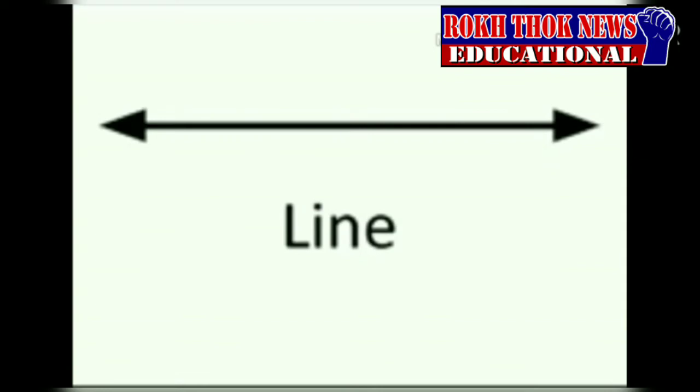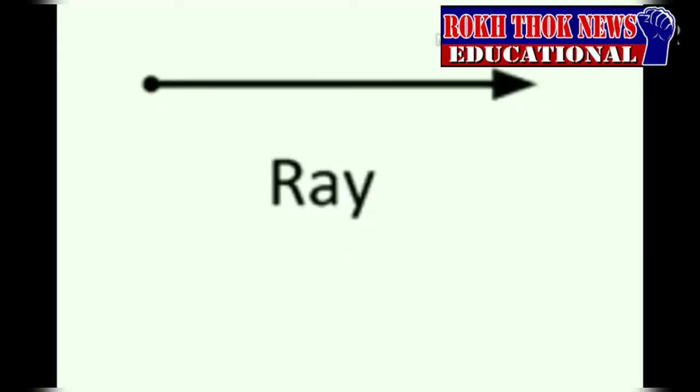Here, what do you see, children? On both sides, you see two arrows. What is the meaning of those arrow marks? You can extend the line from both sides. So, this is called a line. Next, you can see a line.